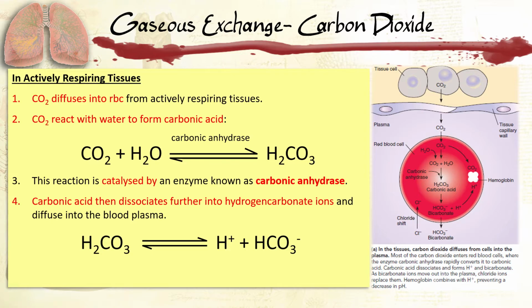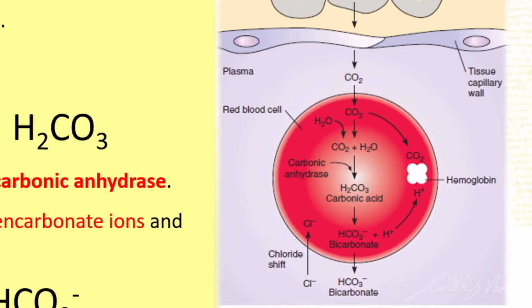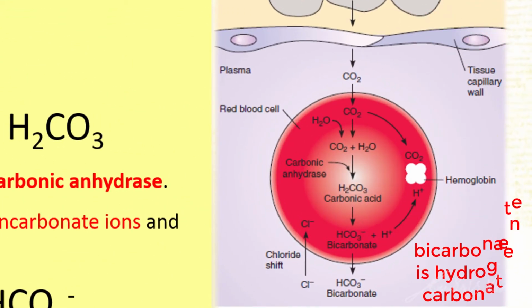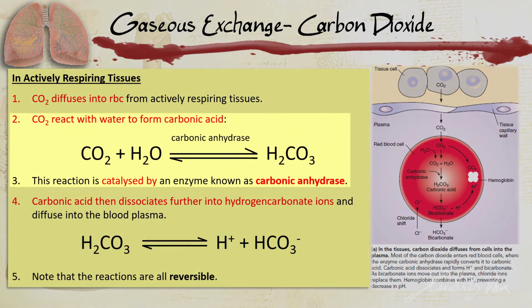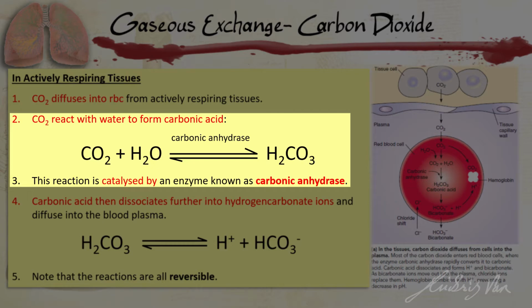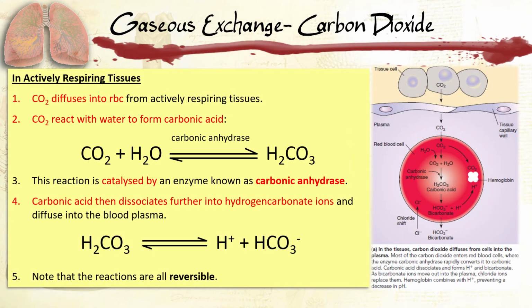They will then diffuse into the blood plasma. If you look at the chart on the right, it describes the whole process nicely. And these two reactions are both reversible. The important thing to take note of here is where carbonic anhydrase does its job. It does its job by combining carbon dioxide with water, forming carbonic acid.